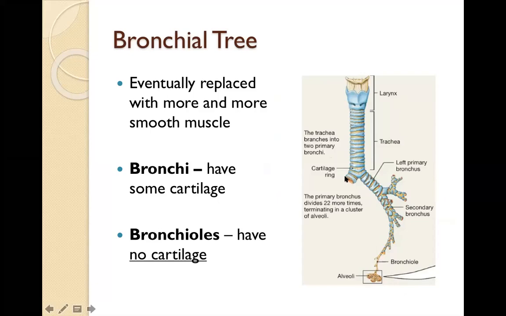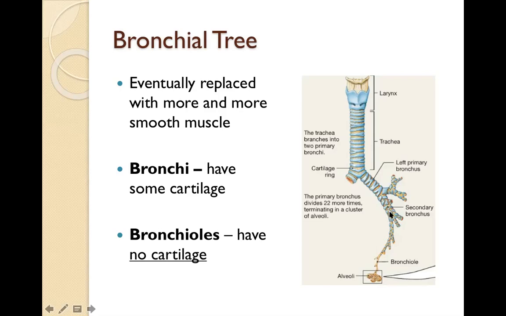These bronchi have ring-shaped cartilages along them, but as the airways split from primary bronchi into secondary bronchi, and as those airways keep splitting, I want you to notice that cartilage becomes less and less a constituent part of those airways.